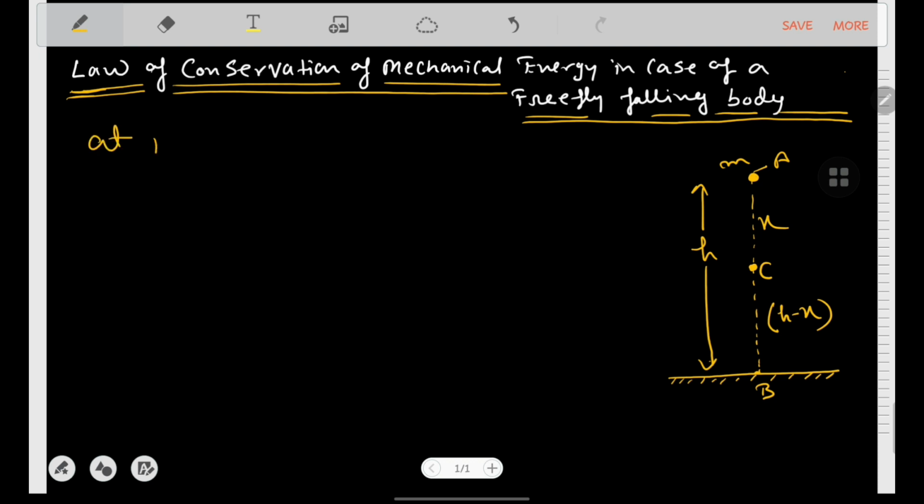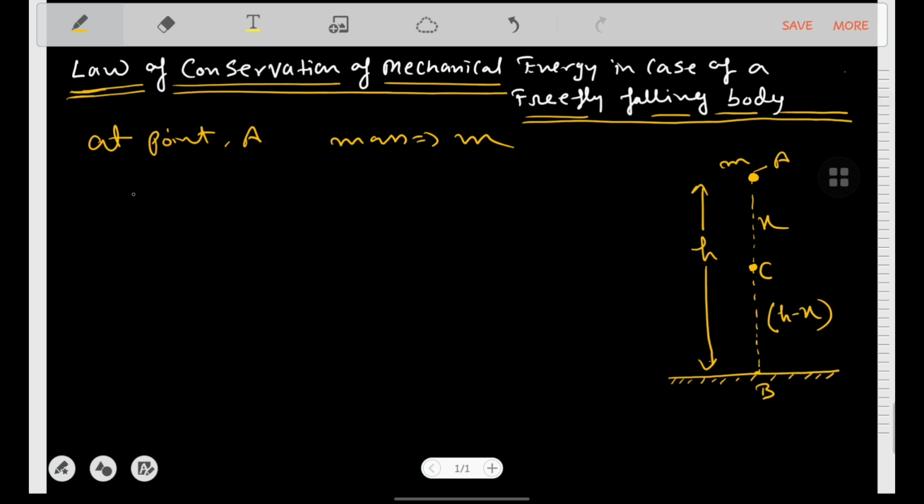At point A, the object has mass m, which we are holding at point A. Right now it's not falling, it's about to fall. About to fall means you are just holding it at point A, so the object is not in motion.